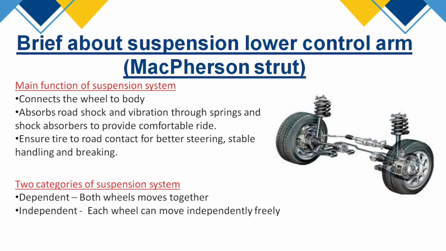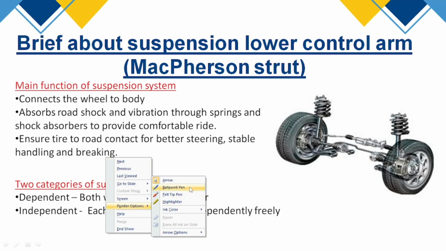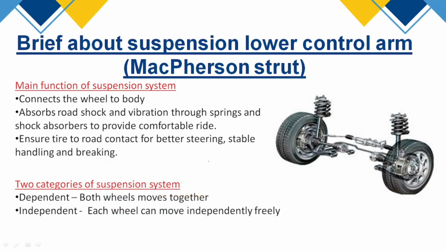So there are two categories of suspension system, dependent and independent suspension system. In a dependent system, both wheels move together, and in an independent system, each wheel can move independently.